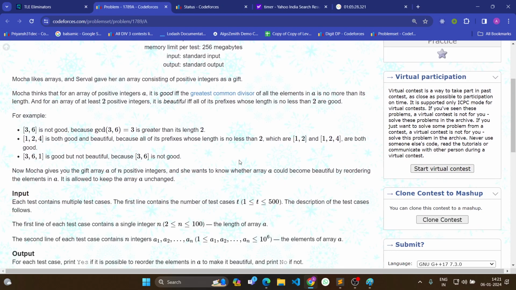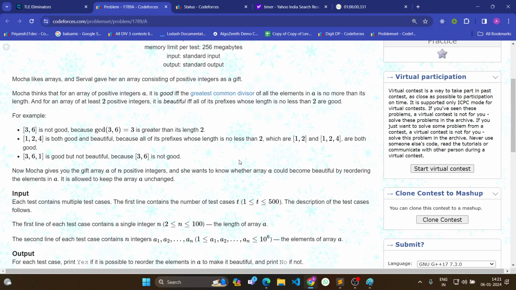Moko likes arrays. Serval gave her an array consisting of positive integers as a gift. Moko thinks that an array of positive integers is good if the greatest common divisor of all the elements in A is no more than its length. And for an array of at least two positive integers, it is beautiful if all the prefixes whose length is no less than 2 are good. Wait.